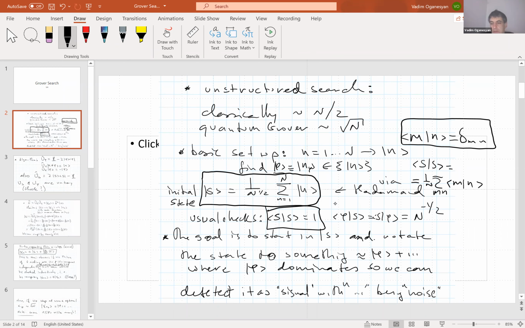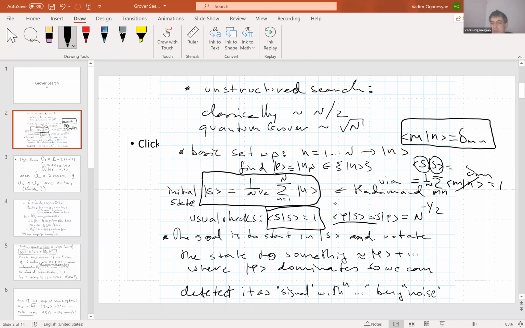Each of these is a sum, so the first step in the calculation is a double sum. But because this is a delta function, in other words, it's only 1 when the two states are the same, this becomes 1, and this sum of 1 is n, and 1 over n gives you 1, okay?